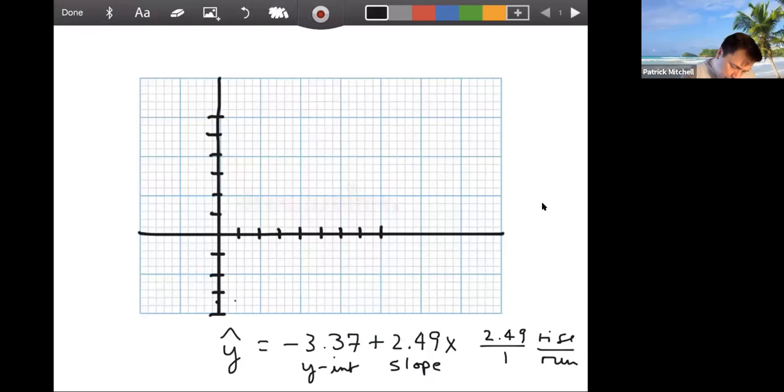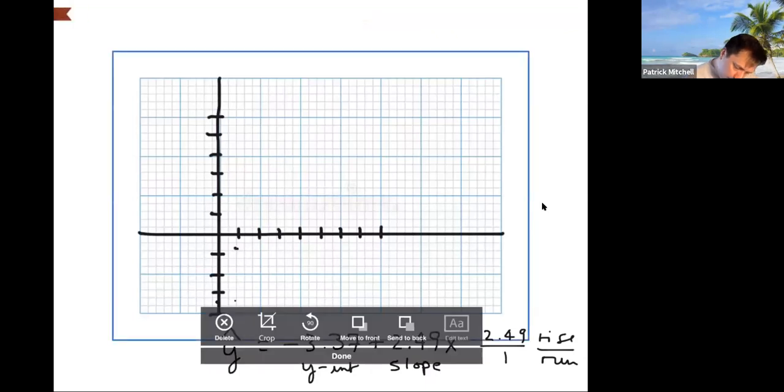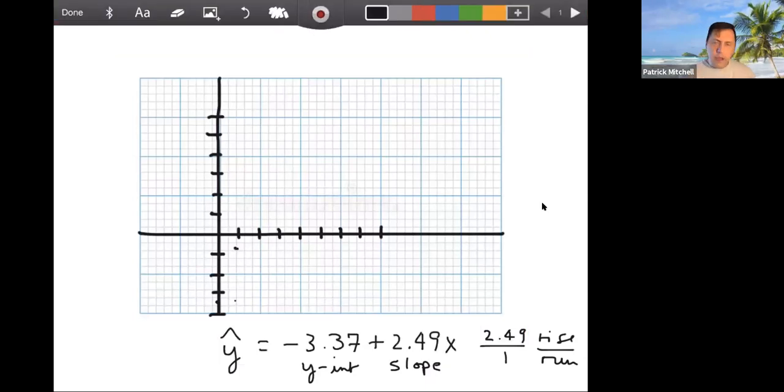So this would be 1, 2, it would put me right about here. All right, and I'll figure out how to keep that from doing that in a little while. Maybe we'll do that one more time. Run 1, and then rise 2.5. So I left off at about negative 0.8. If I rise 2.5, that's going to put me at about 1.7, right about there. All right, so the equation of my line will look something like this.